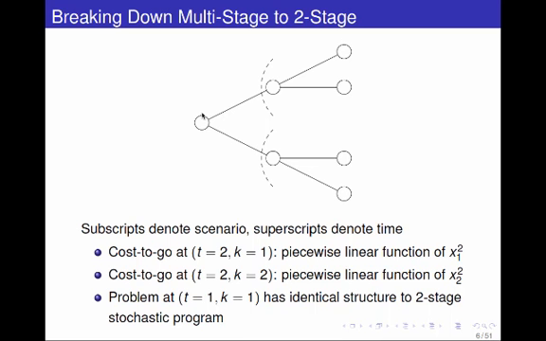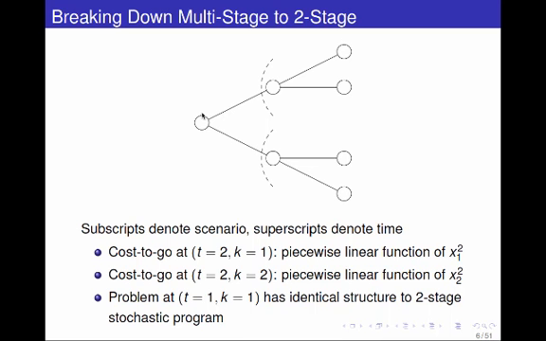And in my data set, I give these guys the same name, 1, 2. It might be a bit confusing because these guys have the same name. They're also 1, 2, but they're 1, 2 of period 2, not of period 3. So here, the descendants in period 3 of scenario 1 of period 2 are 1 and 2. The descendants in period 3 of scenario 2 are scenarios 3 and 4.